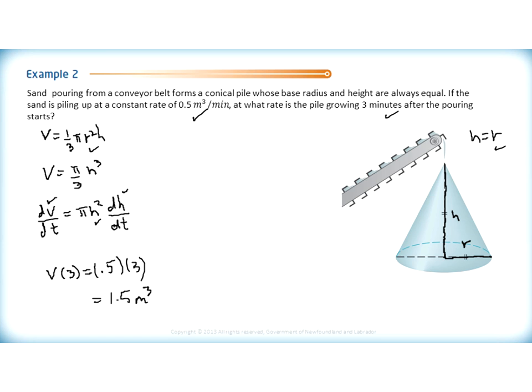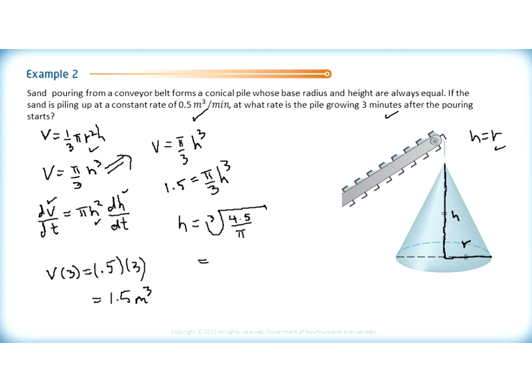So if that's the case, we should be able to figure out what that height is, because this equation tells us that volume is pi over 3 times the cube of the height. So I'm going to fill in that volume, which is 1.5, and that's equal to pi over 3 times the height cubed. To figure out our height, we're just going to take the cube root of 3 times 1.5 divided by pi, so 4.5 over pi.